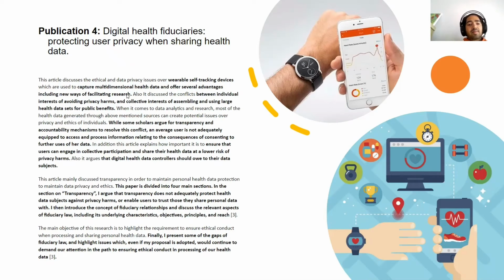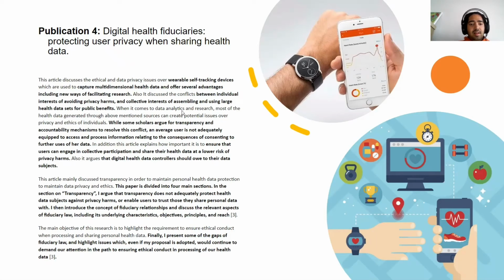This lot of data is helpful for data analytics and research purposes because it's a large set of data and those are accurate. So in this it also discussed the conflicts between individuals' interest in avoiding privacy harms and the collective interest of assembling and using large health datasets for public benefit.